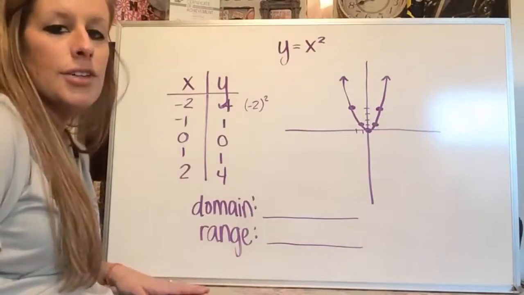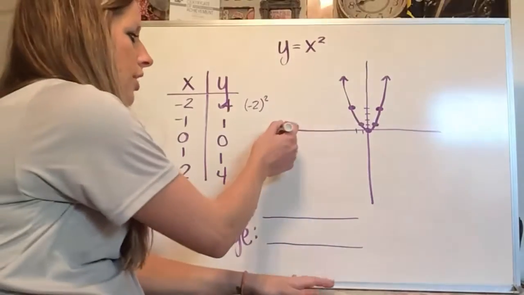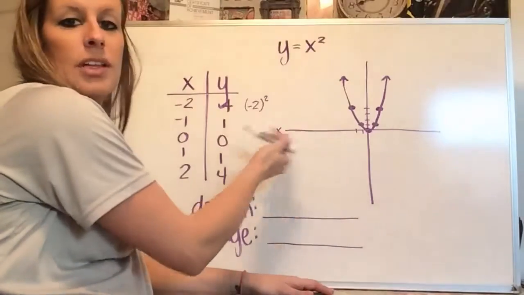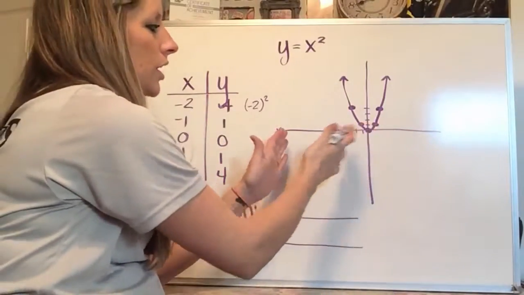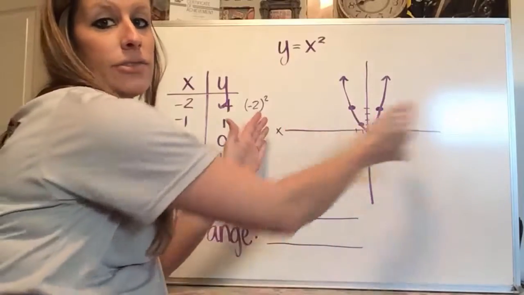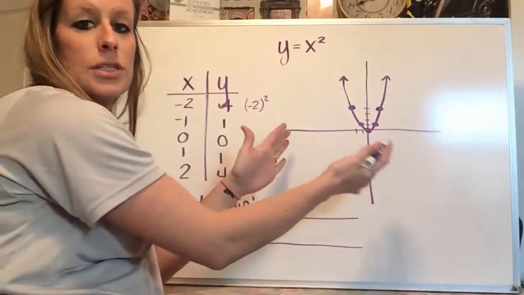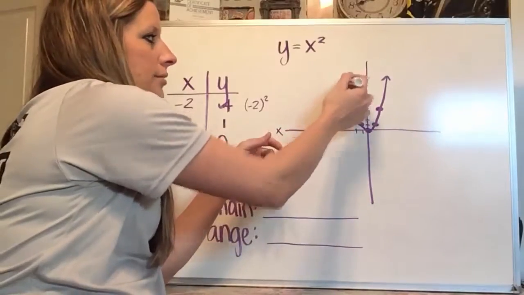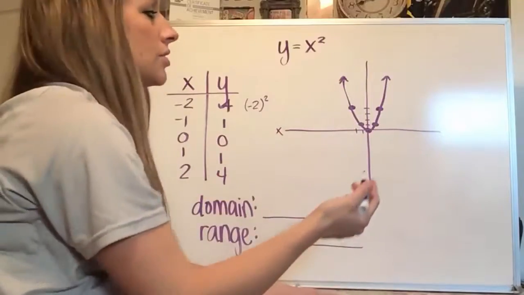Okay, domain and range. Domain is all of your x values. So look at your x-axis. It goes from the left side to the right side, right? So we want to look at all the x values from left to right. For this graph, the furthest spot to the left has an arrow, which means it's going to keep going forever.